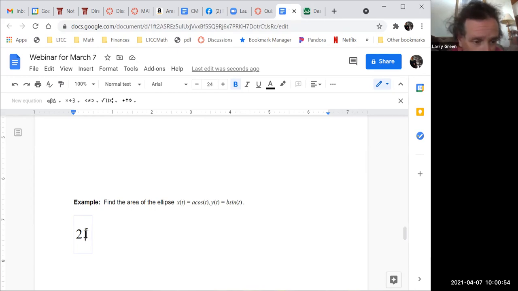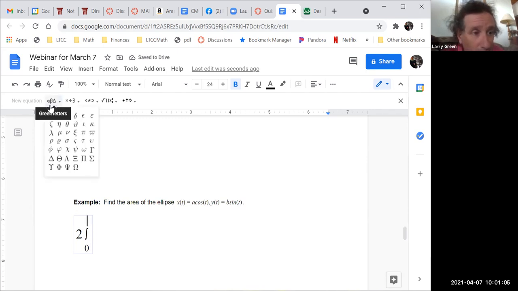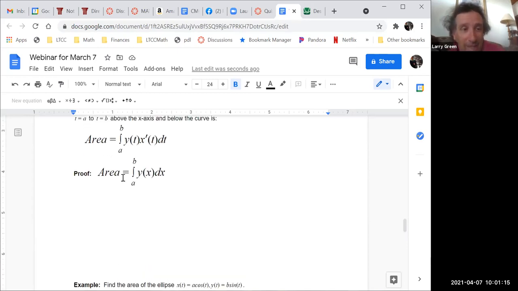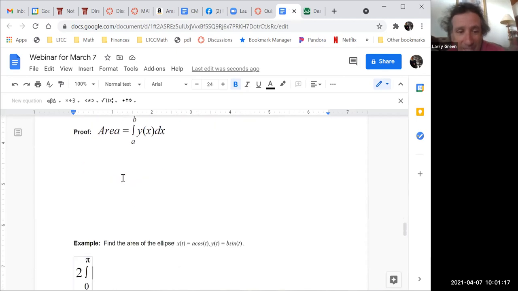And then, oh, you know what? Yeah, this will work. So we're going to go from 0 to pi, because that'll give you the above part of the ellipse. And then, according to the formula, let's look at the formula again. It says y of t.